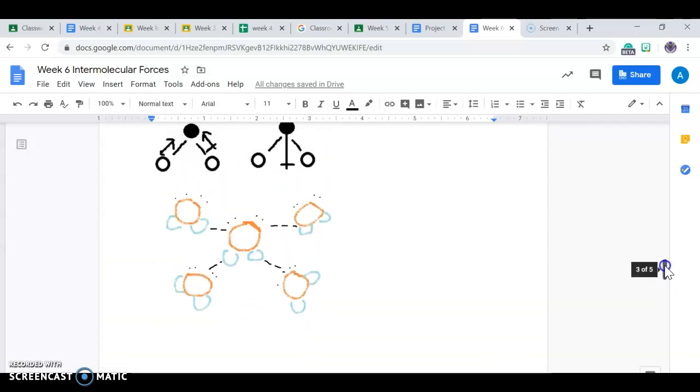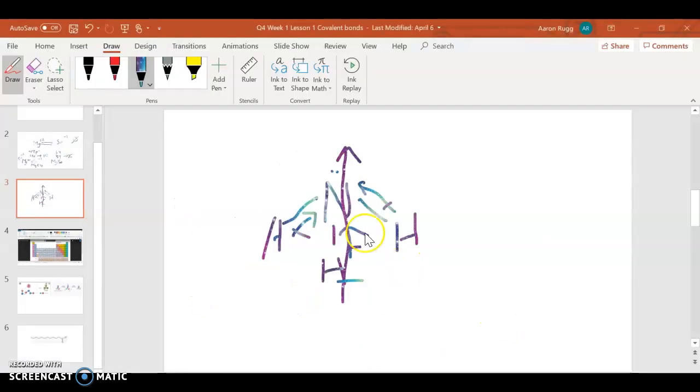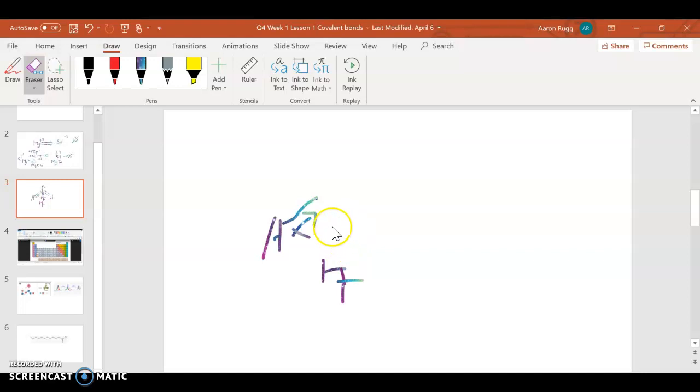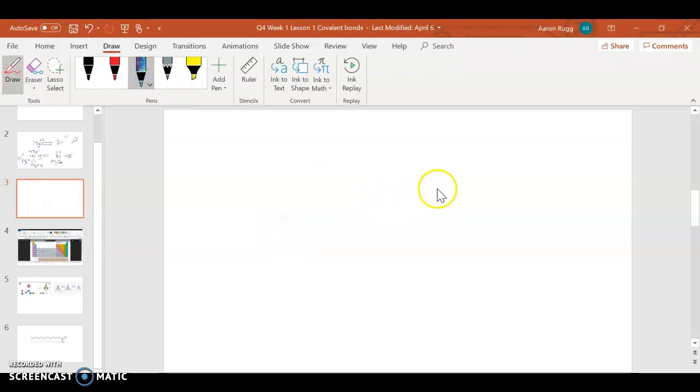Okay, so if we're doing our tug of war scenario, it's still not as strong as an ionic bond. This guy, kind of like the dipole, is strong and pulling, but maybe he's just teasing.